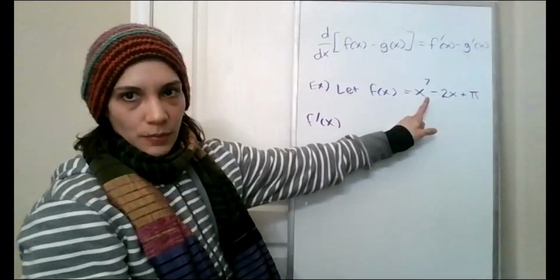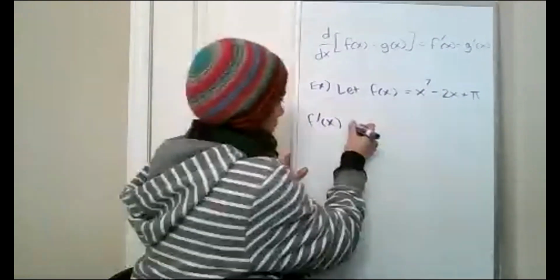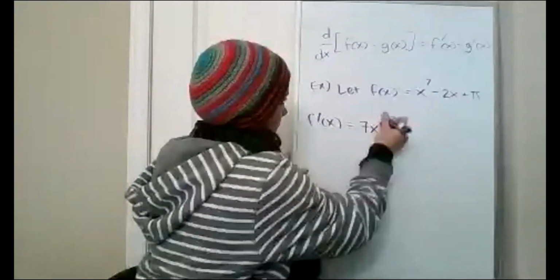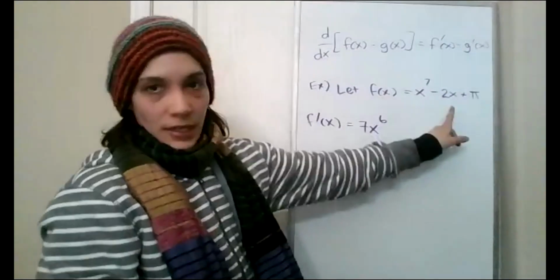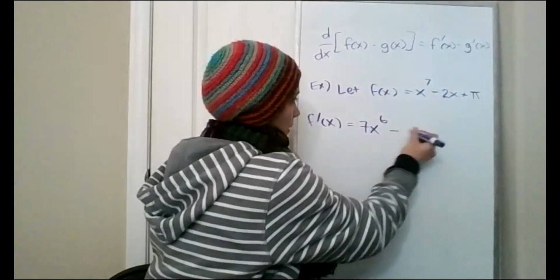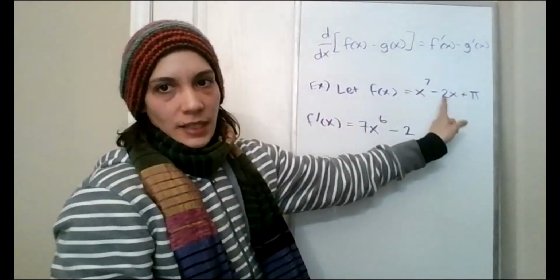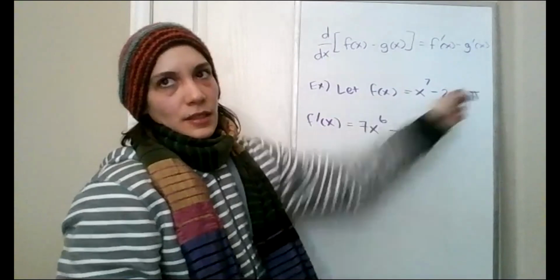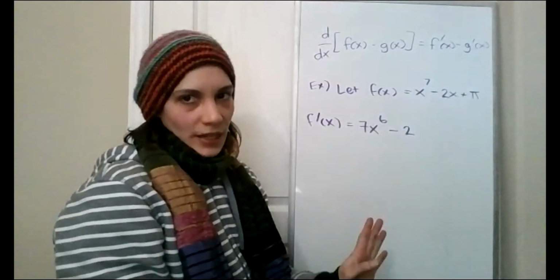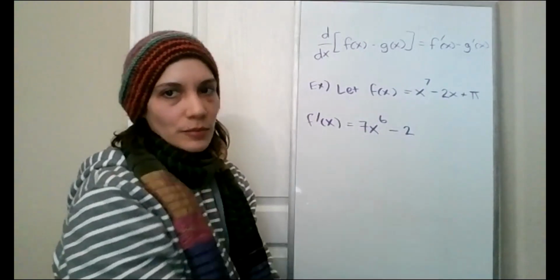So this is just that power rule, 7x to the 6th. And then we go on, minus 2. Bring down the power of 1, and then it's minus 1 from 1, which has power 0. Okay, last part was a number, so plus 0, we'll just leave that off.